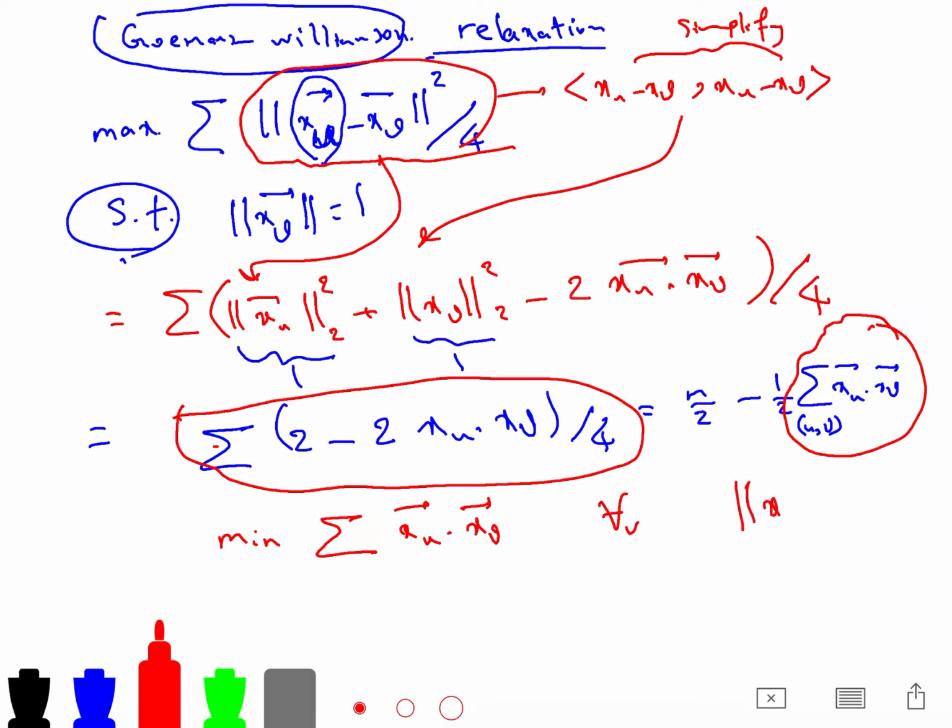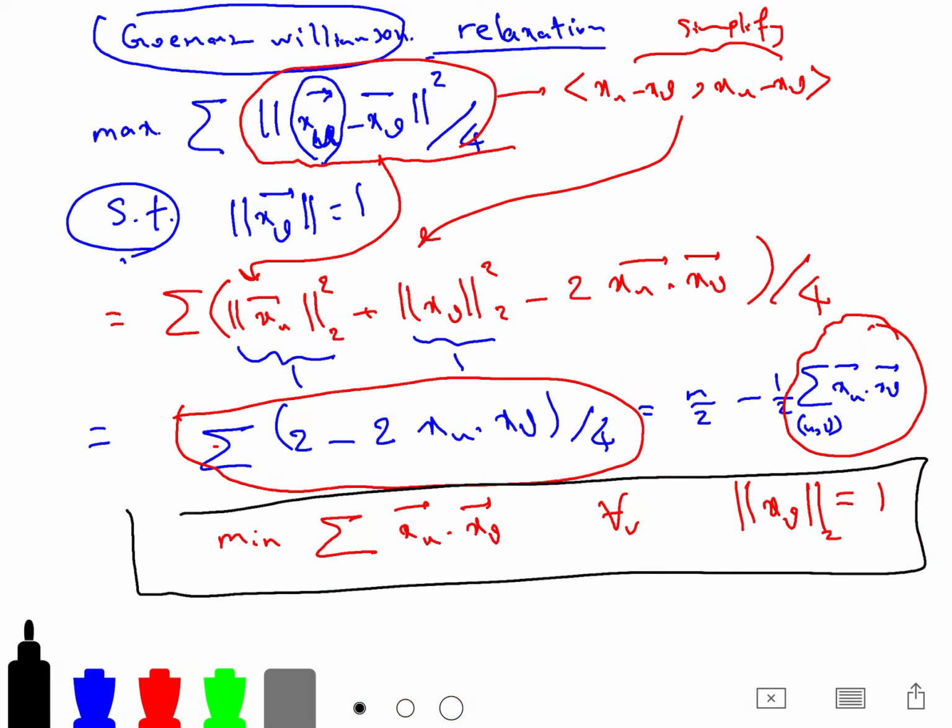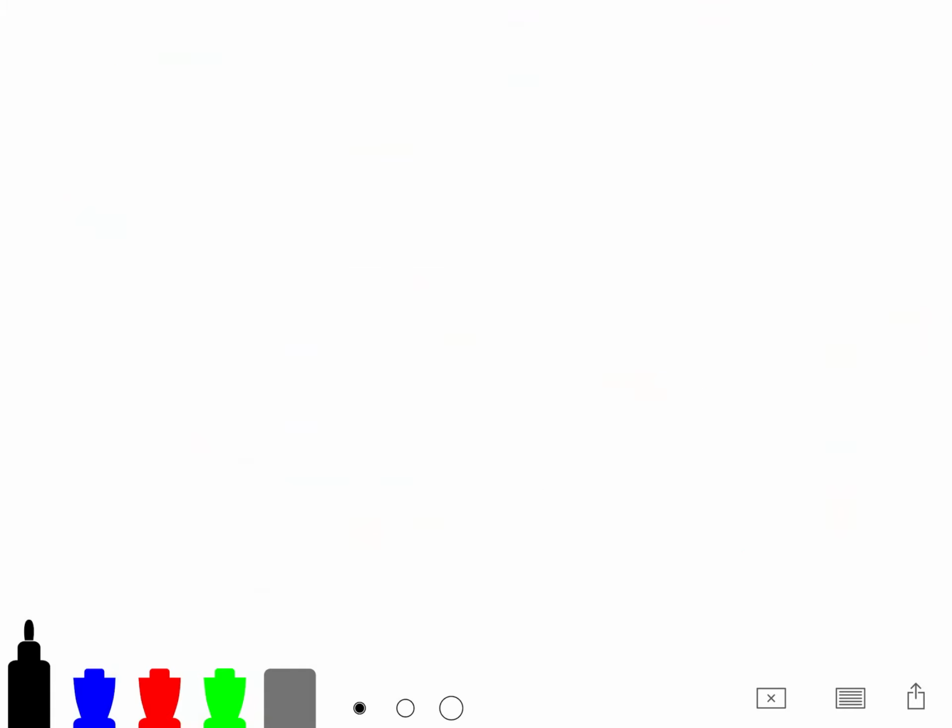And same as before, x of v is a unit vector. And this is the SDP problem, semi-definite programming, which is a generalization of linear programming.